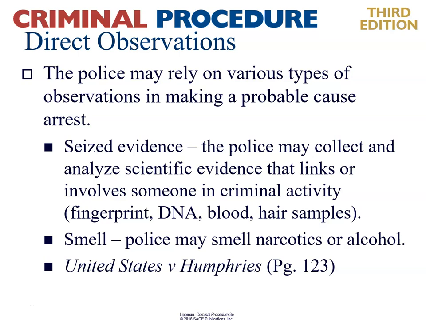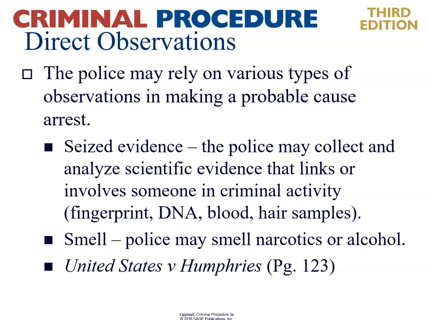Seized evidence is the next one. The police may collect and analyze scientific evidence that links or involves someone in criminal activity. Examples could be a fingerprint, or DNA, or a blood sample, or even a hair sample. And then the last one would be smell. A police officer may smell narcotics or precursors to narcotics or alcohol.